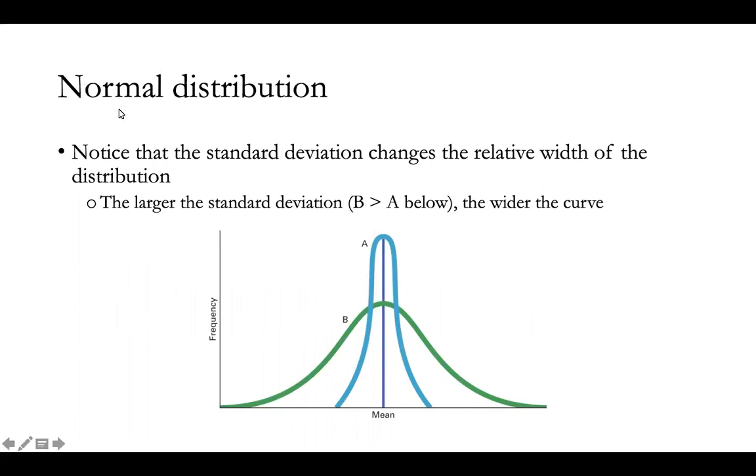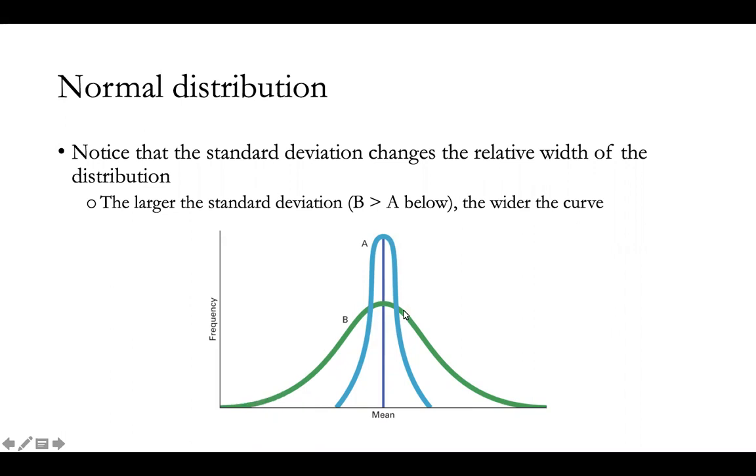So now we need to reintroduce the idea of normal distribution from the previous chapter. In the graph below, notice the standard deviation that's plotted here. On the y-axis, we see frequency of observations. On the x-axis is the distribution of observations with the mean right down the middle. And notice that the standard deviation across those two plots changes the relative width of the distribution. In other words, the larger the standard deviation, the wider the curve.